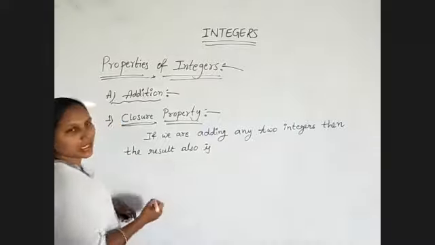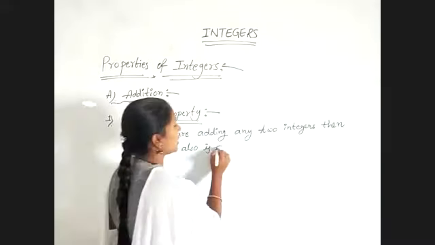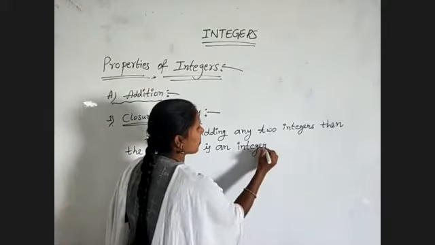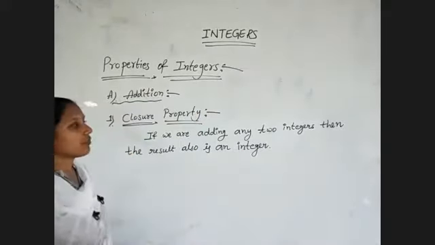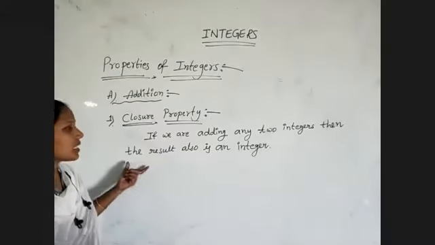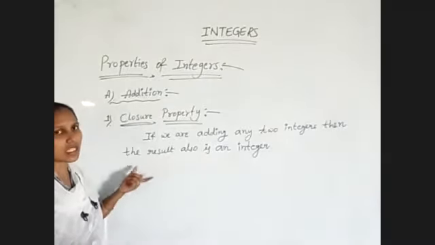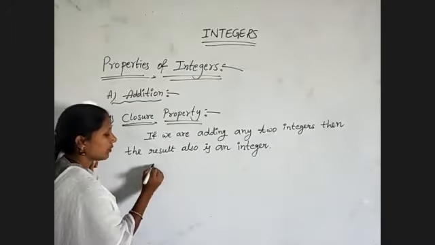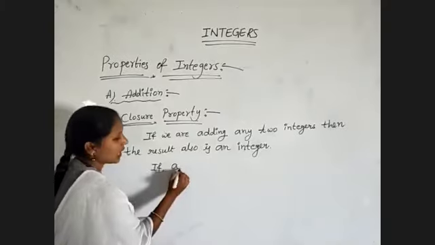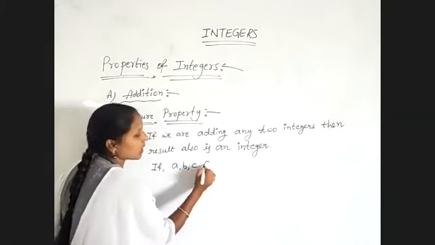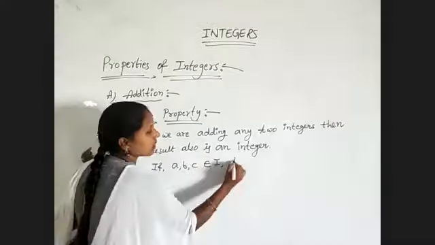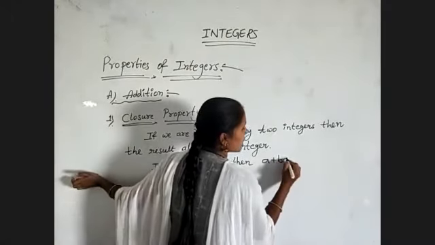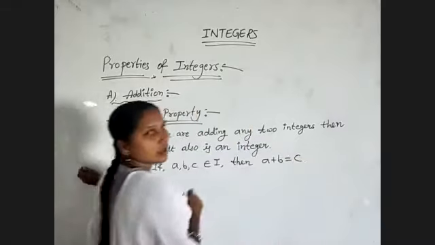Otherwise, sum you can write. So if we are adding any two integers, then the result also is an integer. First, statement-wise I am going to check: if A, B, C belong to integers, then A plus B is equal to C.